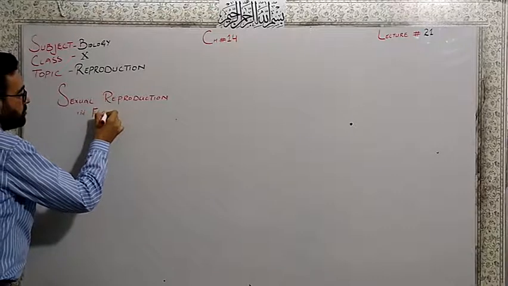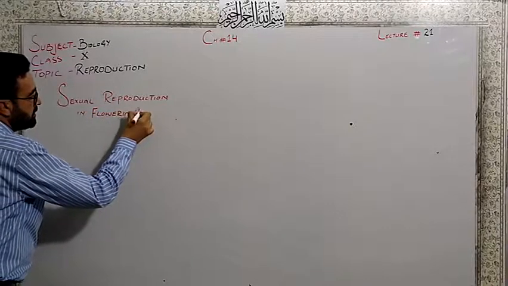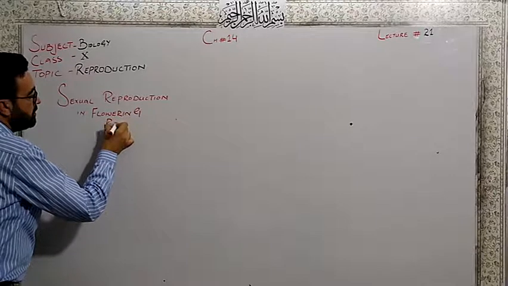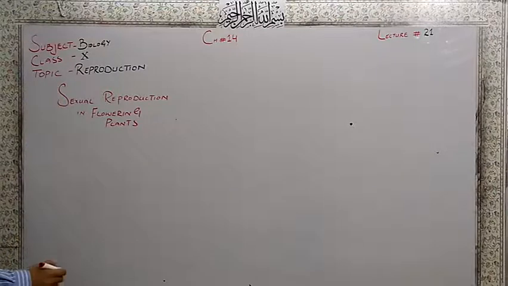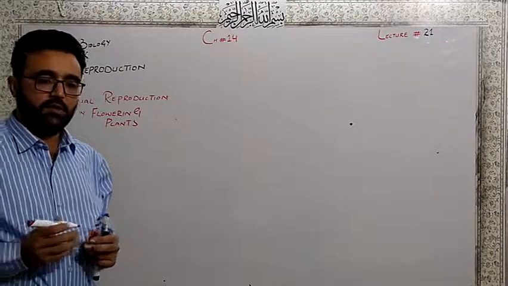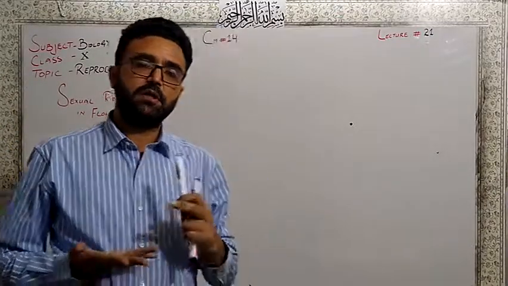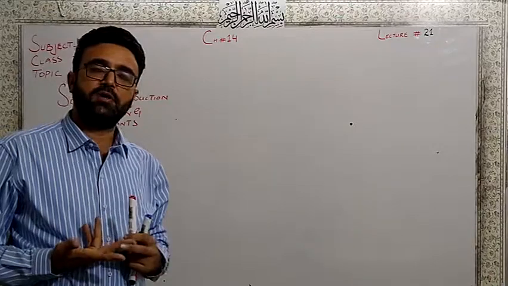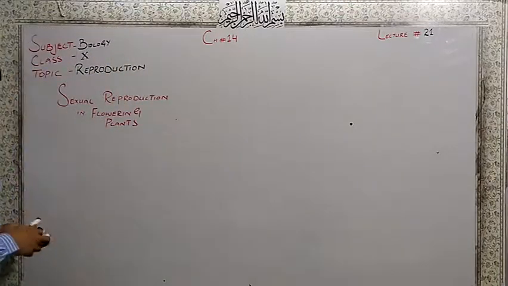This is important to remind you that only angiosperm plants can produce flowers. So we can also say sexual reproduction in angiosperms. Other than angiosperms, none of the groups of plants can produce flowers. Gymnosperms, no flower. Pteridophytes, no flower. Bryophytes, no flower. Only angiosperms can produce flowers.